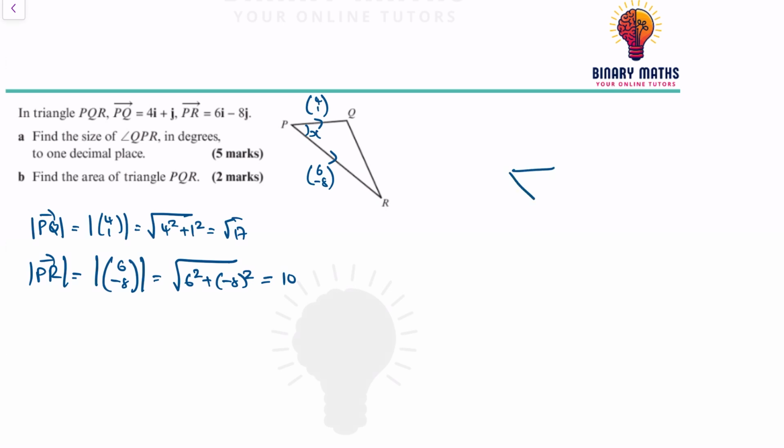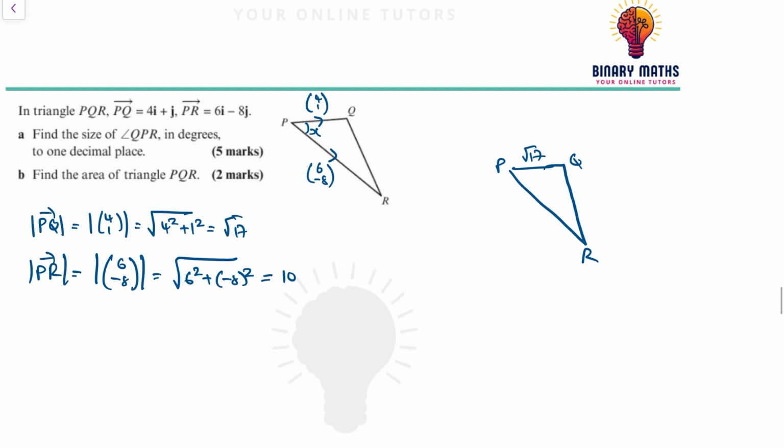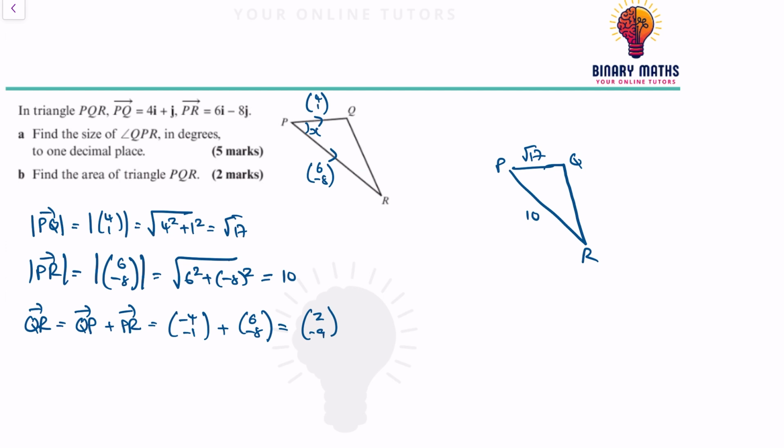So what we do have is P, Q, and R. We have PQ is root 17, PR is 10. What I need to do is work out QR. So if I want to work out QR, first I need to go QP plus PR, which is equal to -4, -1 plus 6, -8, which is equal to 2, -9.